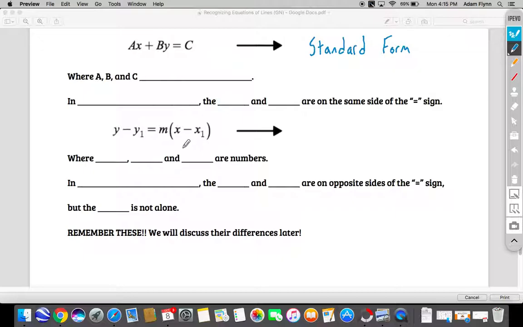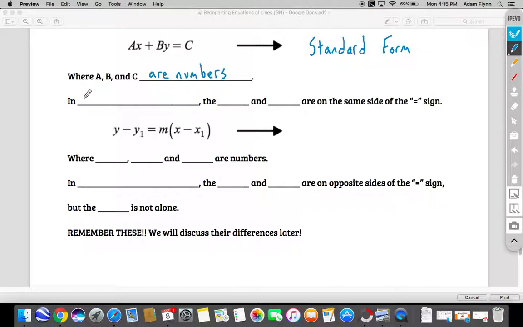Okay, and in standard form, a, b, and c are numbers. So just like in slope-intercept form where the m and the b were numbers, when an equation is in standard form, the a here, the b here, and the c will be replaced by numbers.